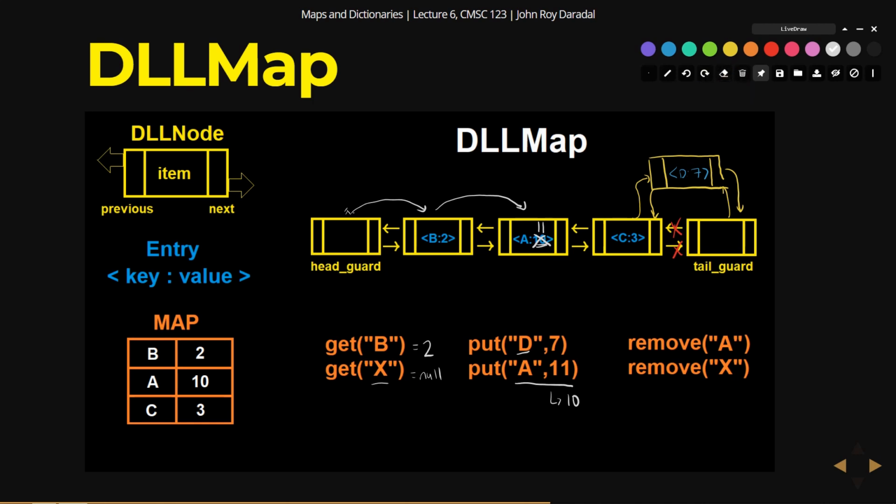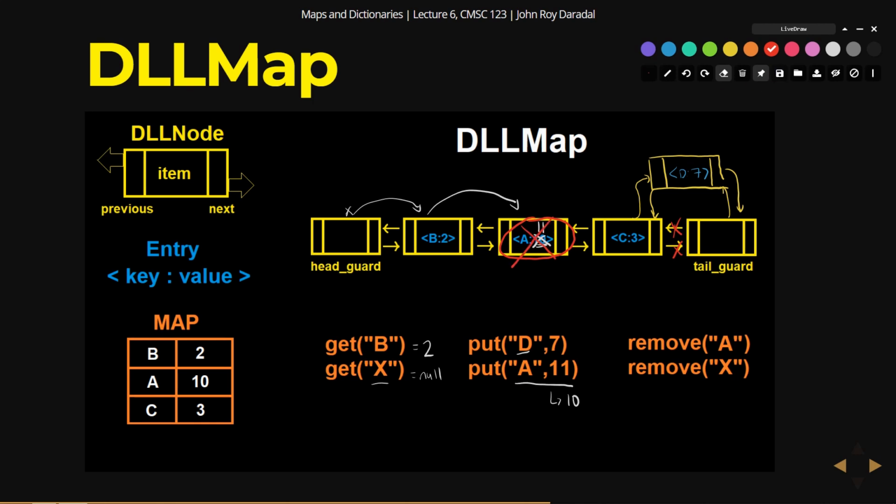Now how about for remove? What if we remove A? So in order for us to remove a key, of course we have to look for it first, right? So we'll do the same thing. So we start here. Is this A? No. Is this A? Well, yes, it is. So what we will do is, since we've found the node to delete, we'll have to delete this one, the whole thing.